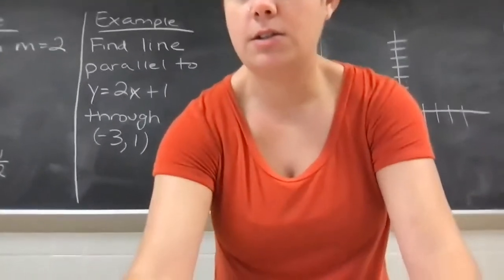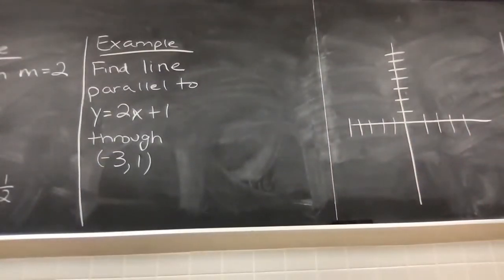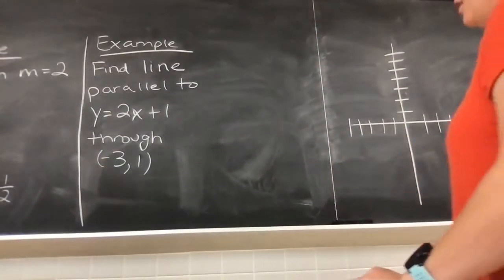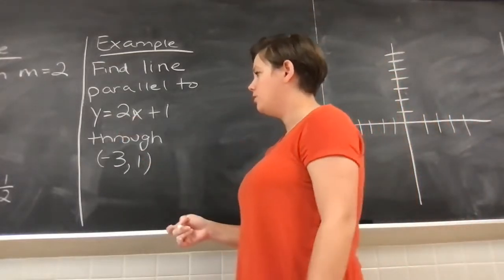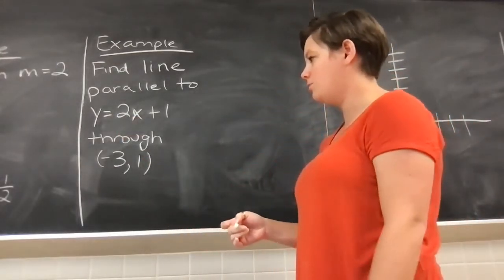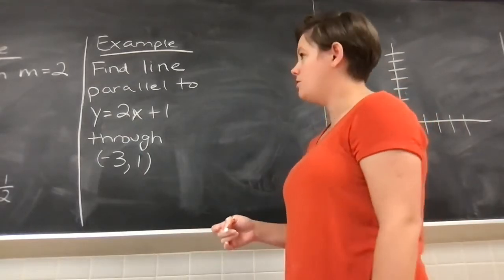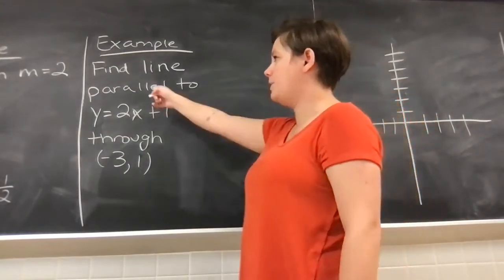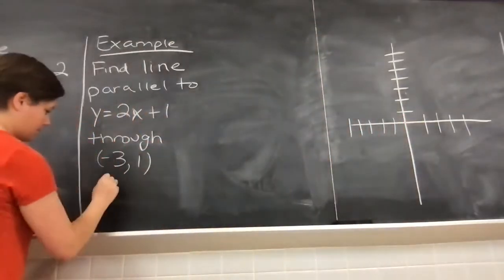All right, let's do an example. Our instructions say to find a line parallel to y equals 2x plus 1 through the point -3, 1. So first thing that we need to determine is, it's parallel. So we know we're finding parallel. Parallel means the same slope.